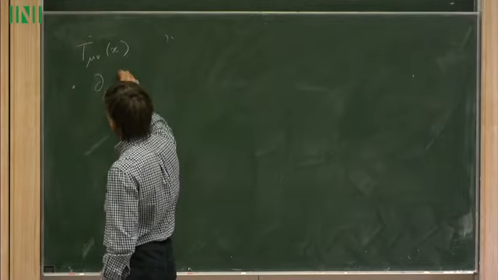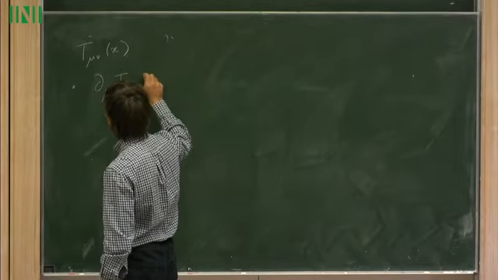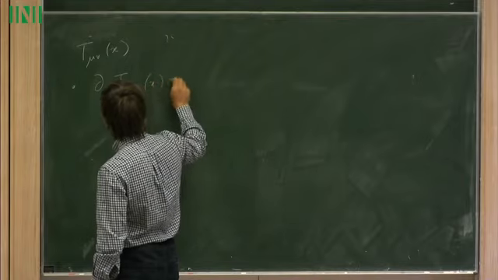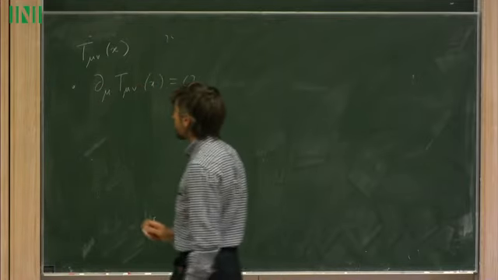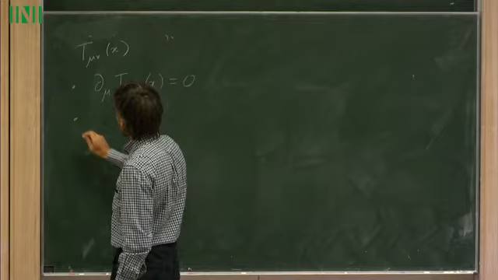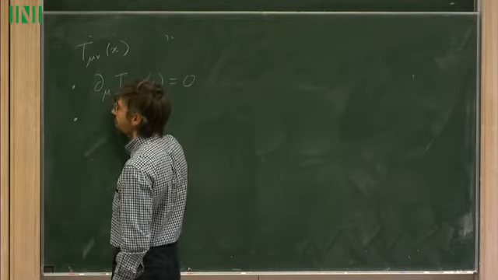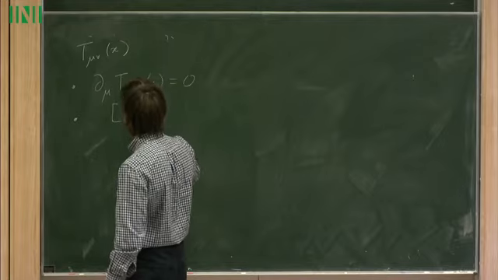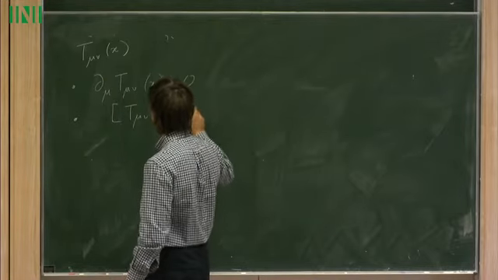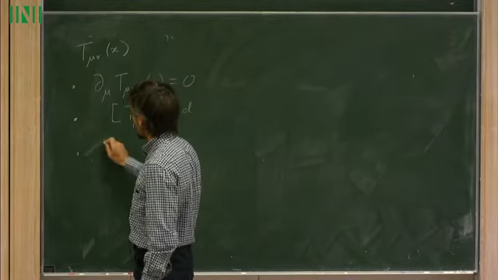First of all, it's conserved, so all its correlation functions are conserved. And it has scaling dimension exactly d, and it's traceless.